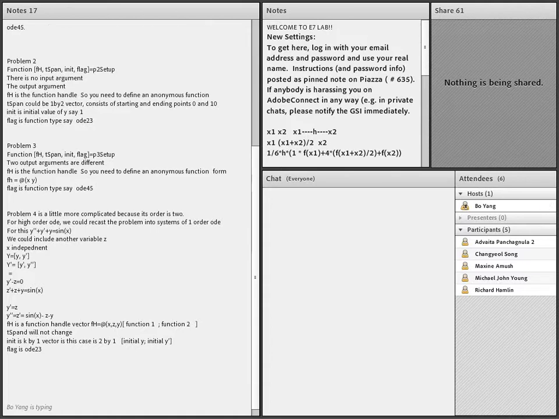So if we replace this Y prime with the element of capital Y, it should be the first element.